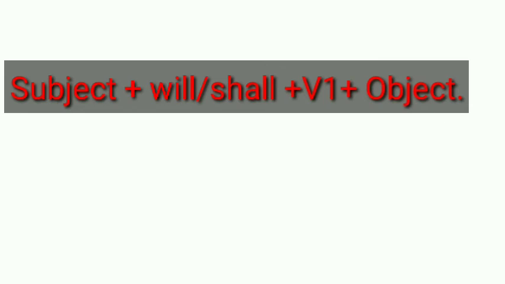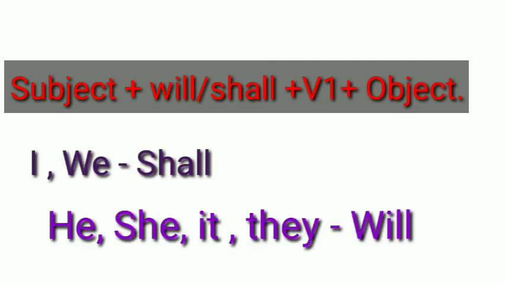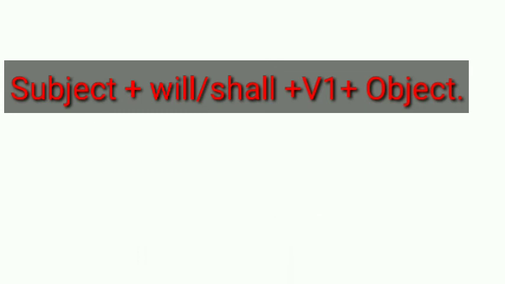Here students, for I and we, for these subjects you have to use shall, and for the remaining subjects you have to use will. So here students, recite this structure very well and use it in sentences very properly.